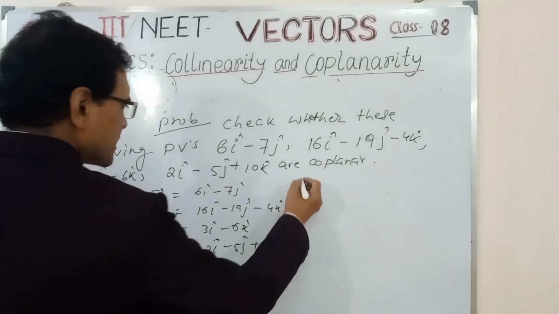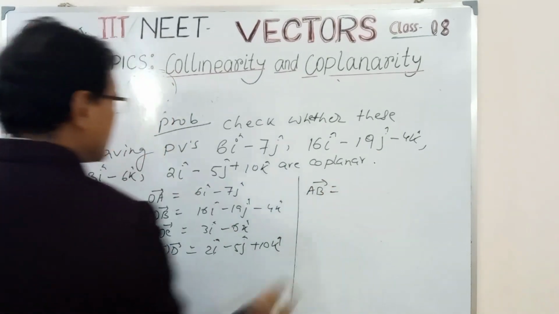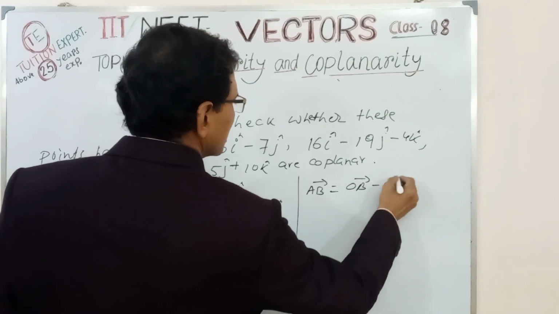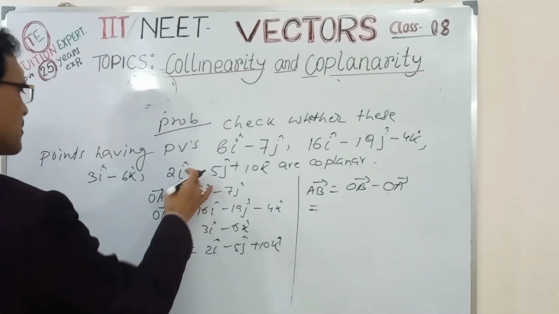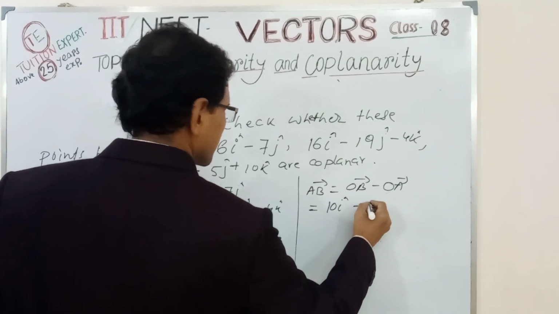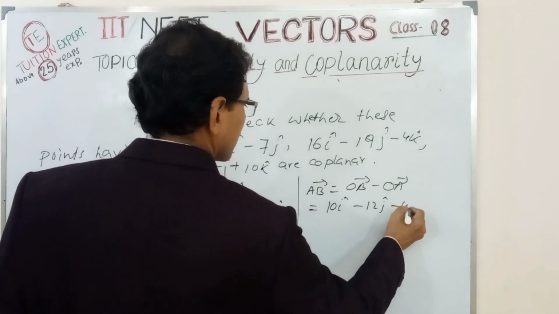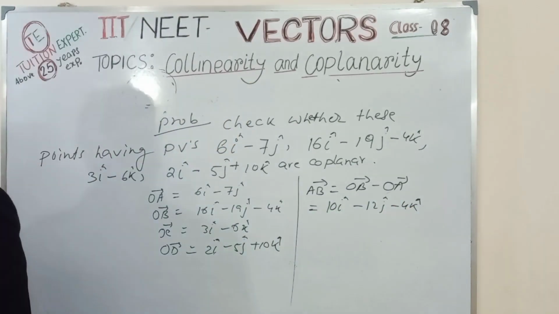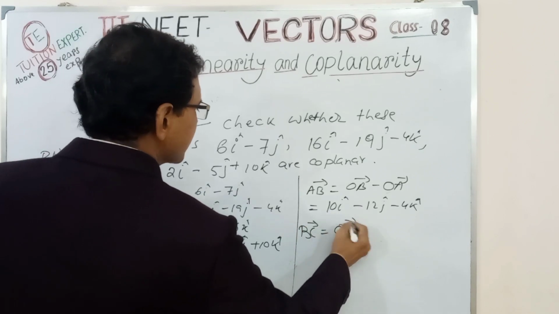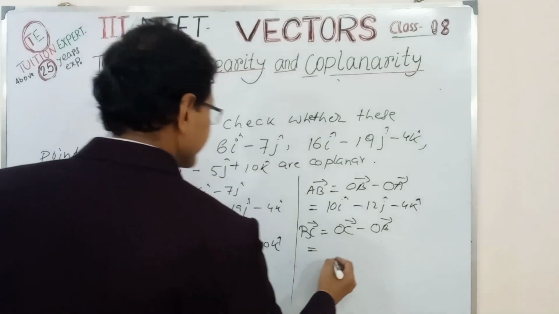Now we construct three vectors. AB is equal to OB minus OA, that is, this minus this. So the AB vector is this. BC vector is equal to OC minus OB, this minus this.